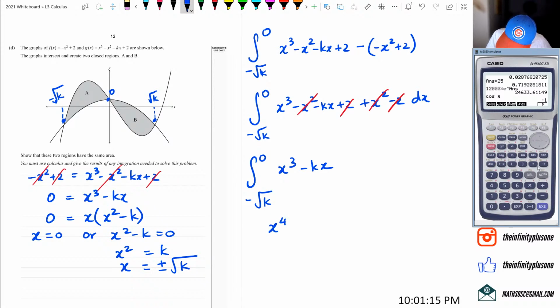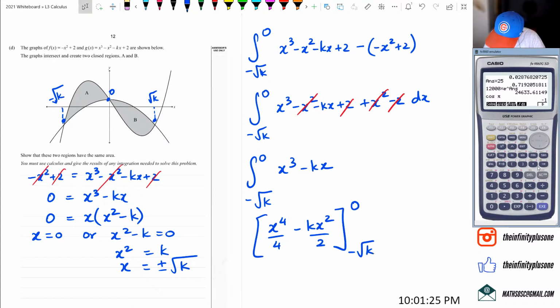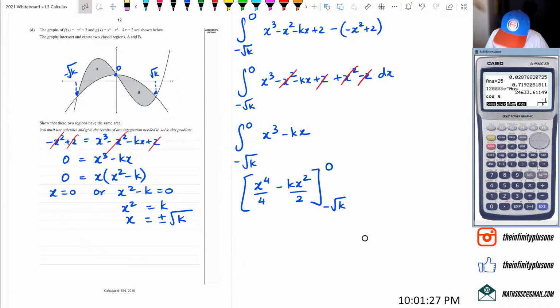So integrate this. We get x to the 4 over 4 minus kx squared over 2, between 0 and minus square root of k. I don't have to worry about the 0 part, because substituting 0 just gives 0.